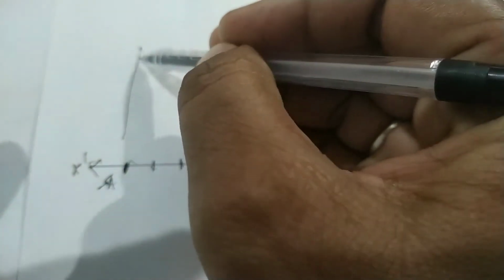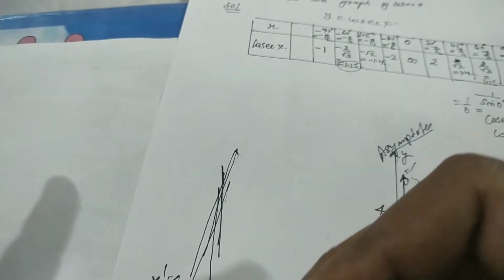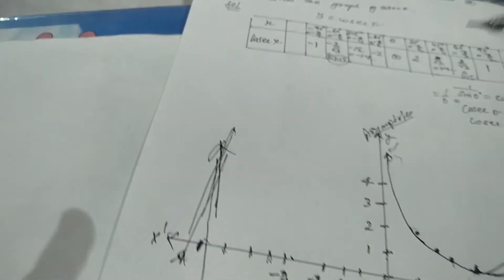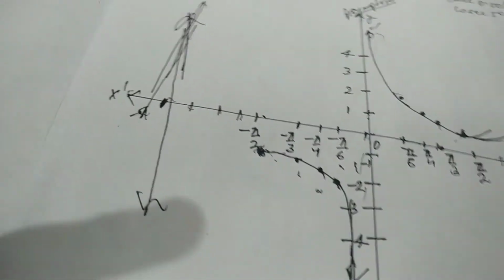1, 2, 3 and 4. This is minus 5. Here the minus 5 is minus infinity, and just draw the asymptote here. That is the asymptote. Oh sorry, the line is not perpendicular. Just draw this one. Okay, this is the asymptote.